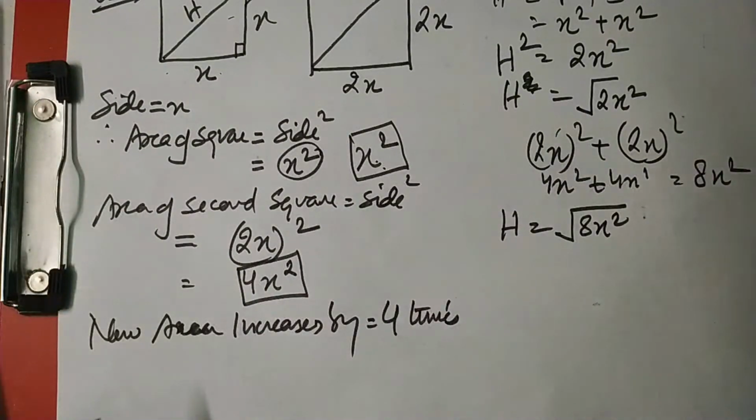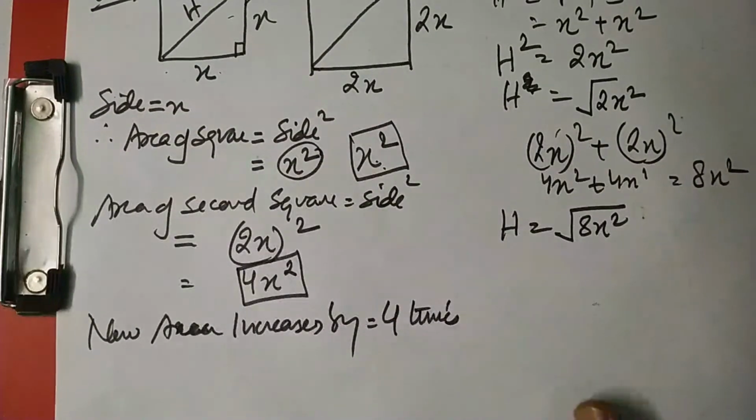All of you see. How many times do you need to apply the Pythagoras theorem so that, read the question. If you are having a book with you, see the question. How many times will you apply the Pythagoras theorem to get a square with 8 times the area of the original square? 8 times.